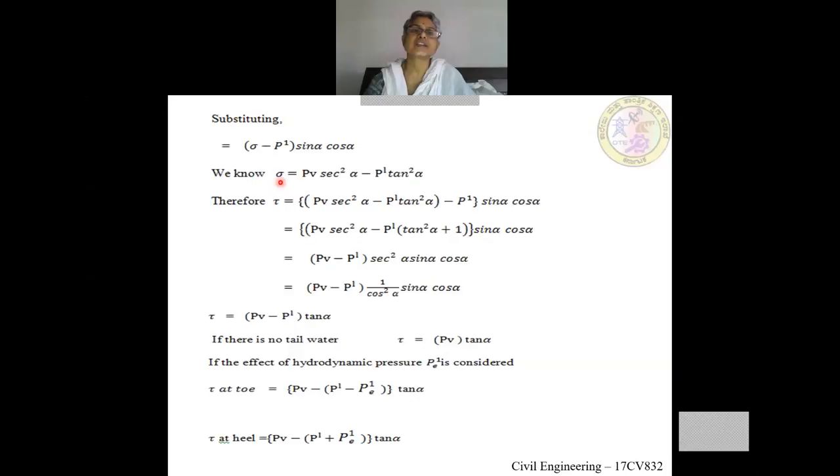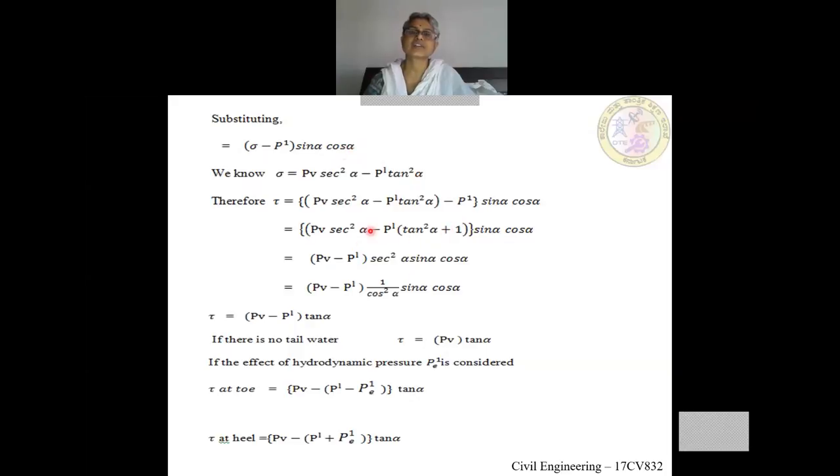We have already determined the expression for sigma, the principal stress, that is PV secant square alpha minus P dash tan square alpha. Substituting this in the expression, tau will be equal to PV secant square alpha minus P dash tan square alpha minus P dash, with sine alpha cos alpha.